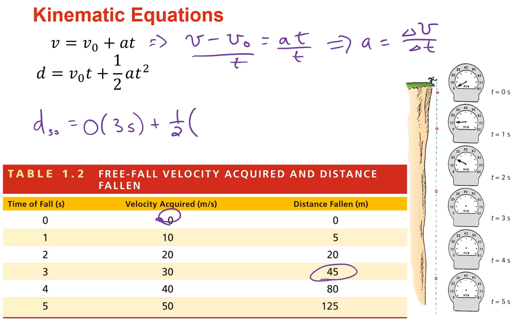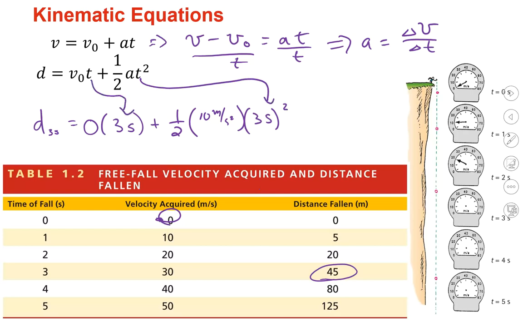They use 10 here, so I'm going to use 10 to match the textbook. 10 meters per second squared, then multiplied by the time, 3 seconds squared. So I just plugged in the values for time and, of course, the value for acceleration and the value for the initial speed.